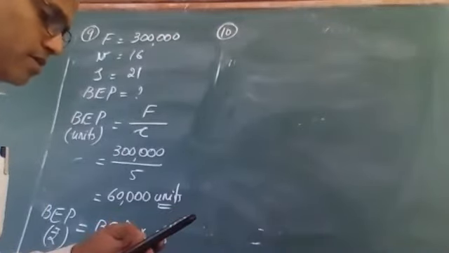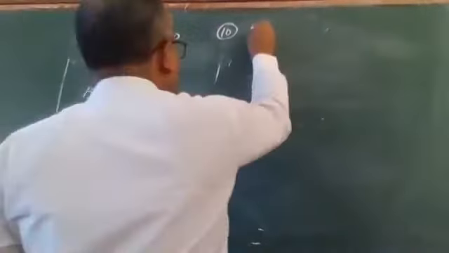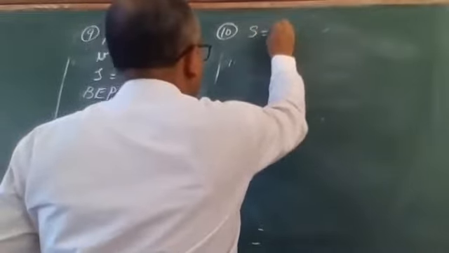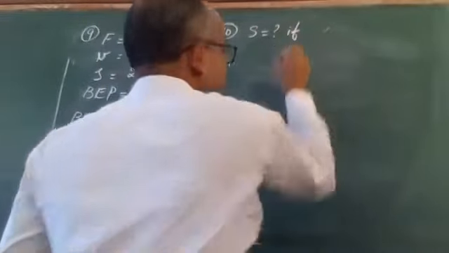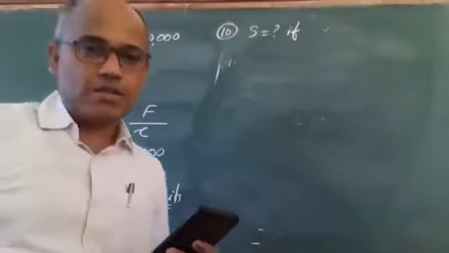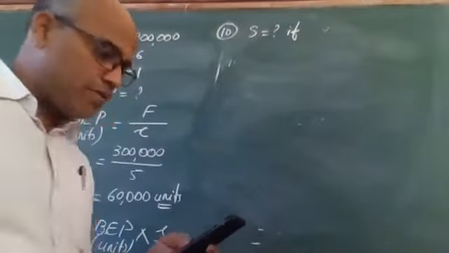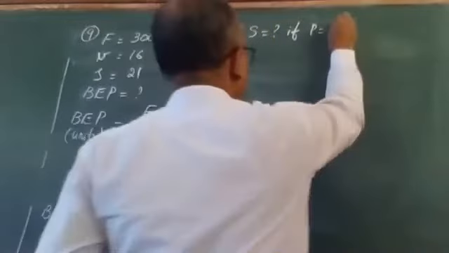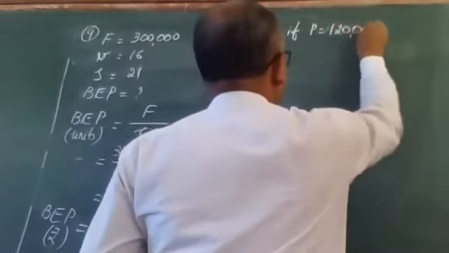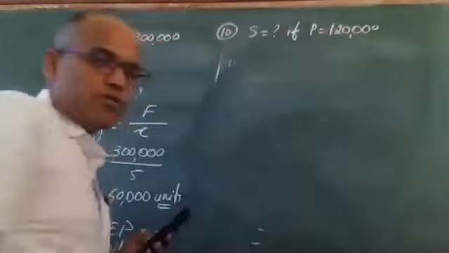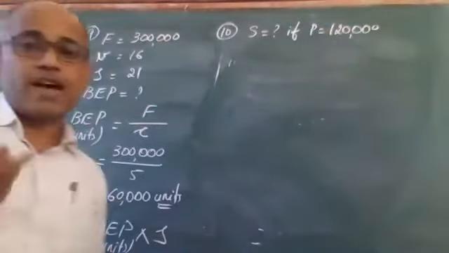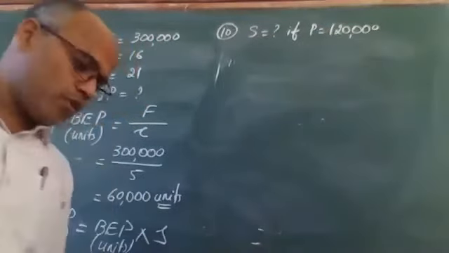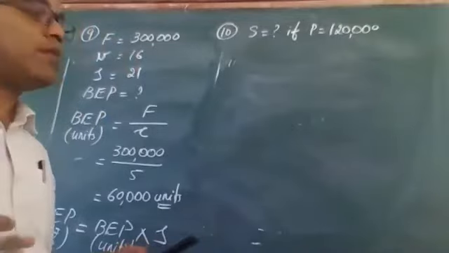I want sales is equal to how much if there's a condition. Sales is how much if profit is 1,20,000. So I want a profit of 1,20,000. This is what is called desired profit. Now tell me how much I should sell.